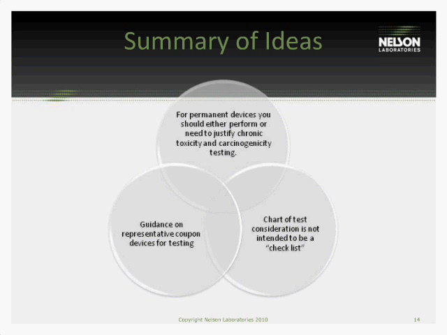The chart of test consideration is not intended to be a checklist, and this just makes me smile because once again I mentioned before that sometimes in the past the G95 was used as a checklist. So when the reviewer or even the company was evaluating what biocompatibility needs to be done for the device, they just kind of went down and did the testing on that list. That's not really the intent of these documents.